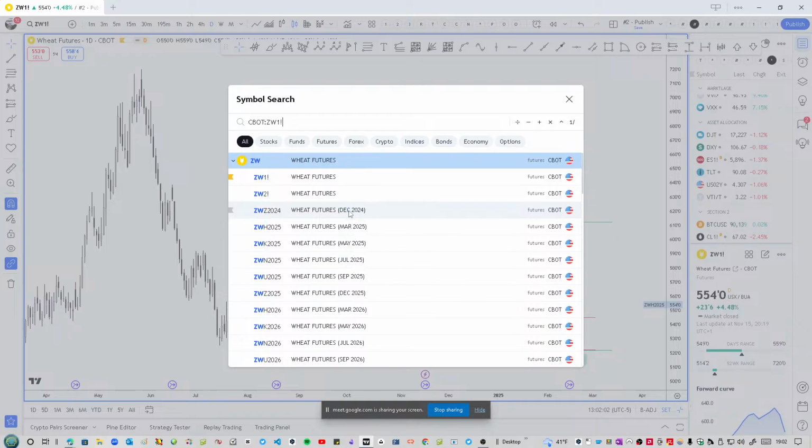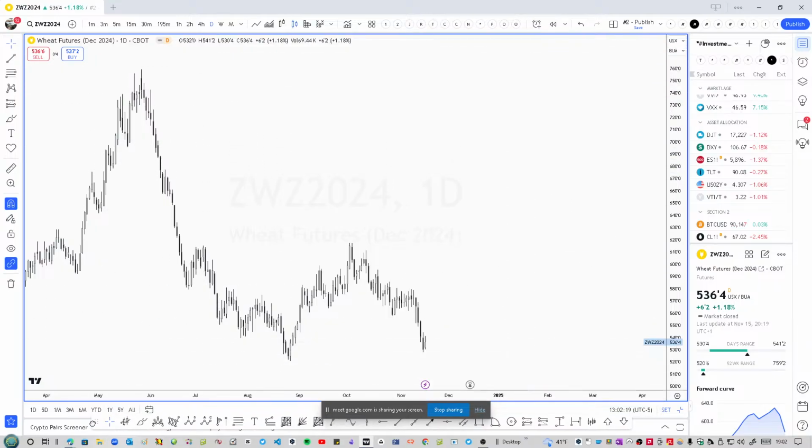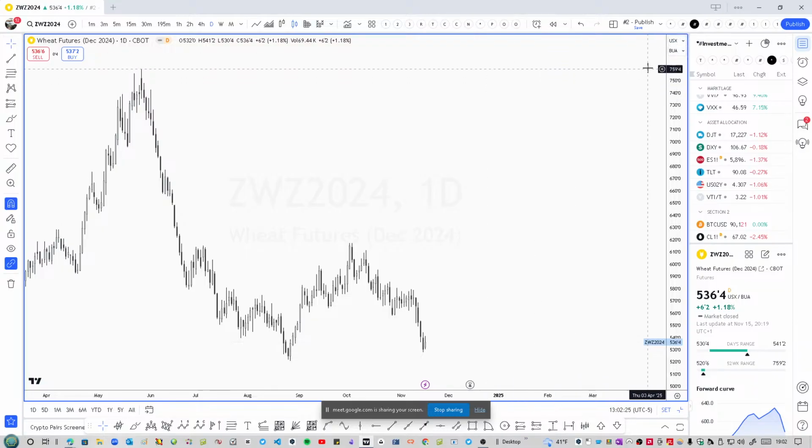So let me just click on the wheat December 2024 contract here. Boom. And there you see that we are currently at 536 and 40 cents per bushel, because the price you see here is in US cents per bushel.